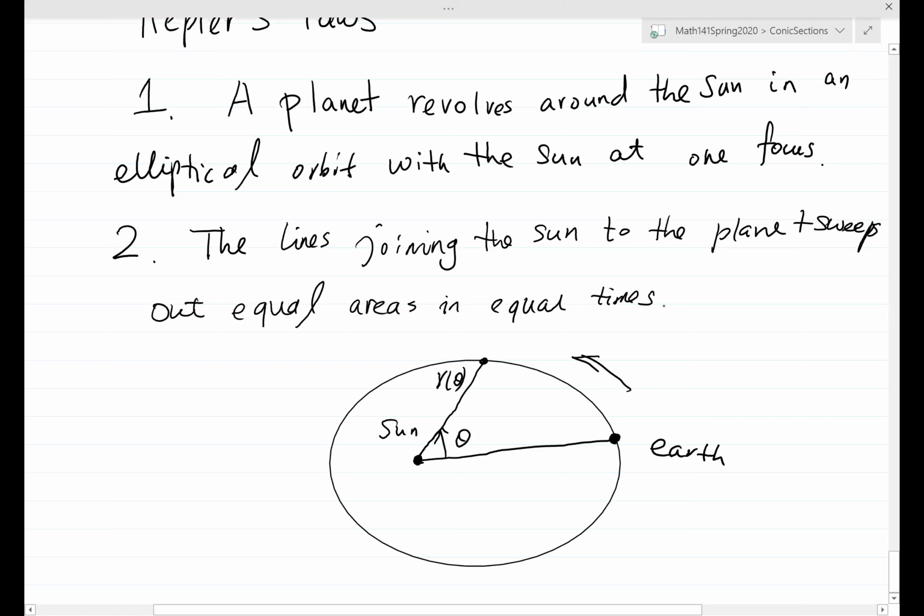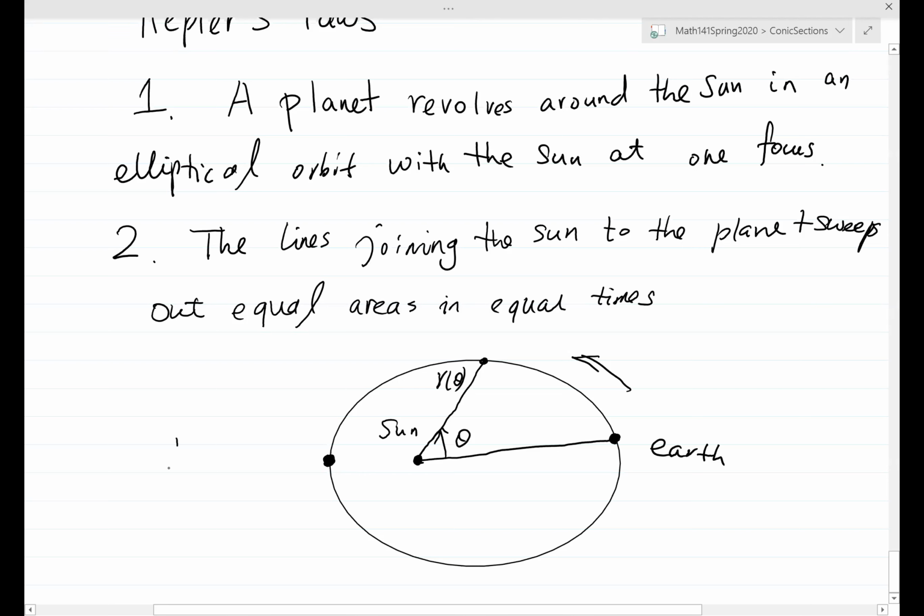Now here you see the radius has a largest value and a smallest value. The position when the Earth or the planet is closest to the sun is called the perihelion.